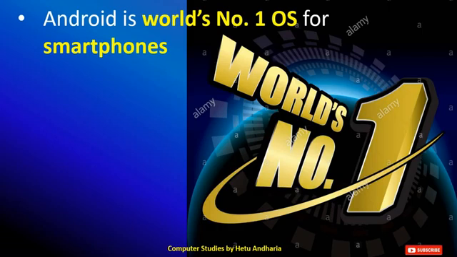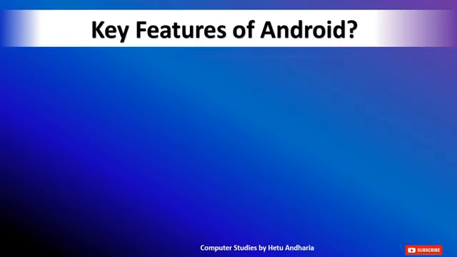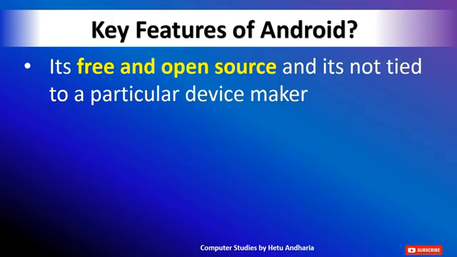Android is world's number one operating system for smartphone. What are the key features of Android phones? It's free and open source, and it's not tied to a particular device maker. Means if you want to install Android in your phone, then you don't need to purchase a licensed version of Android operating system and then install it. It's free.